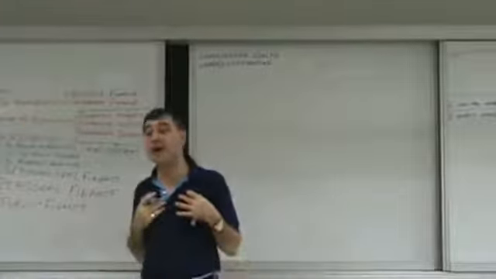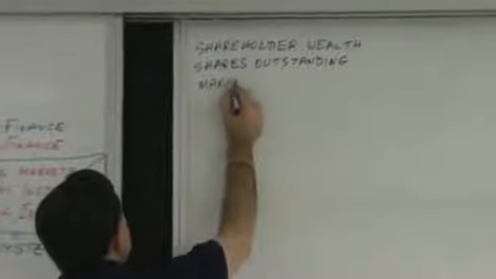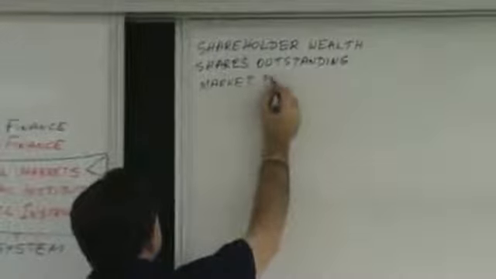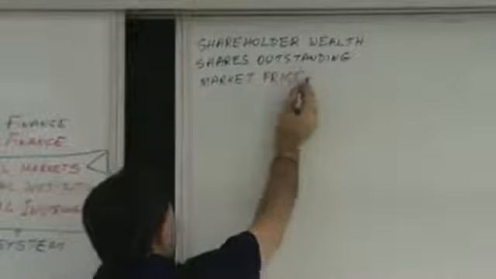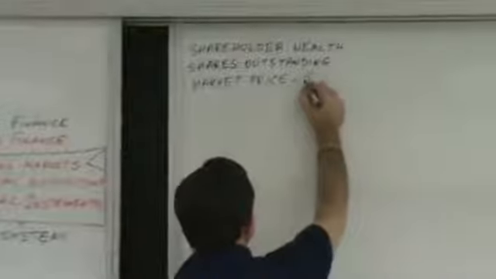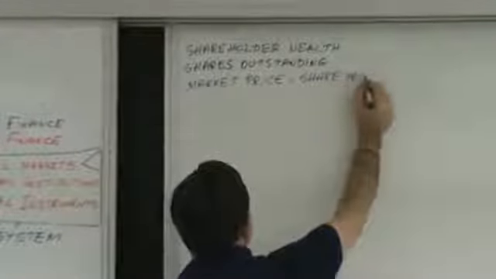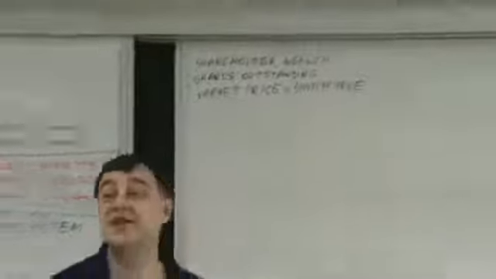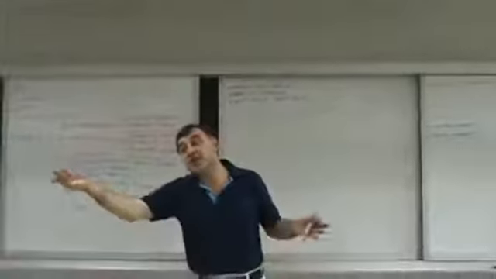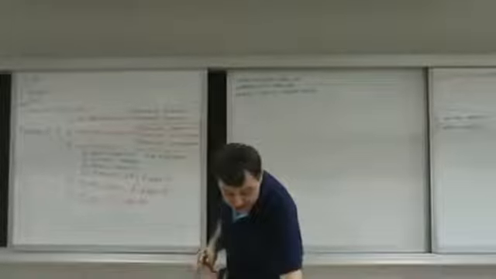Number of shares owned by the public. Okay? That's shares outstanding. Next one is market price. Actually, we like to call it share price. And share price is the price for which you can sell a share on the market, on the stock market, on the financial market. That's fairly straightforward.